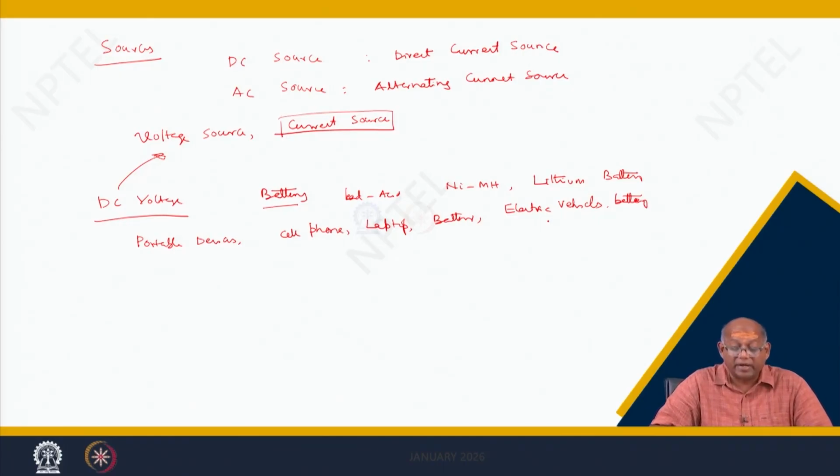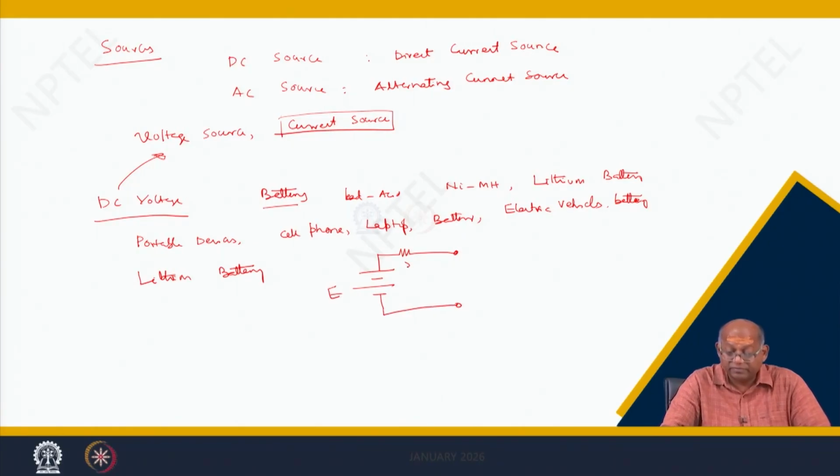Battery technology is catching up like anything, especially lithium batteries. The symbol is like this, with a small source resistance. So, this is the battery symbol, DC voltage source.